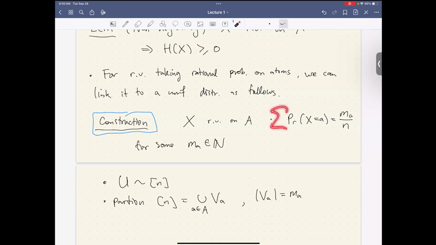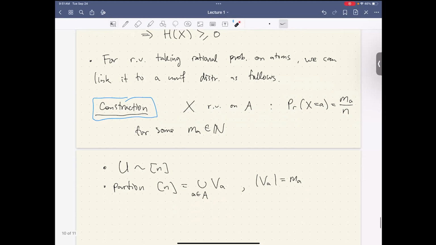Remember, if you sum the probabilities over all a in A, this equals 1, so the sum of M_a equals N. We can just take an arbitrary partition, cut it into pieces. Each piece corresponds to the probability that X takes value little a.